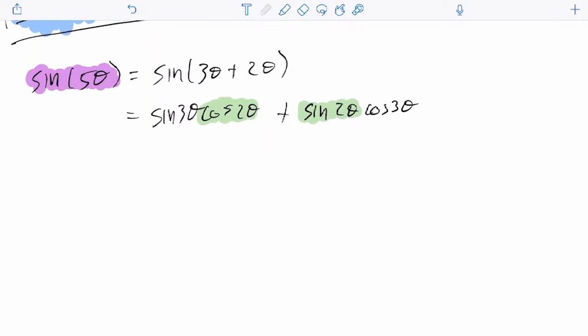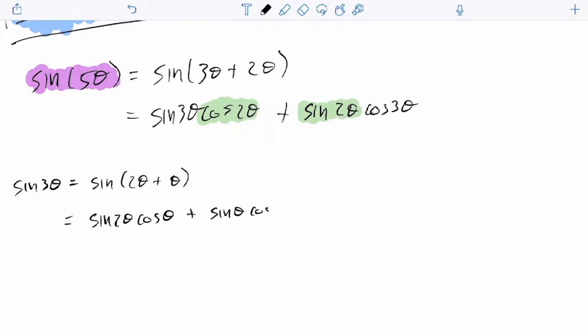Normally, if this was a homework question, they might ask you for the sine of 3 theta in a previous question, right? In which case you could break this up into sine of 2 theta plus theta. And this is sine of 2 theta cos of theta plus sine of theta cos of 2 theta.